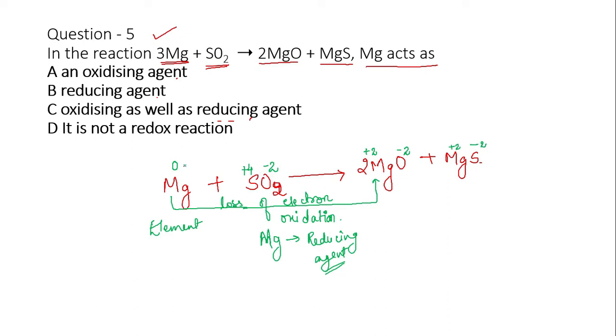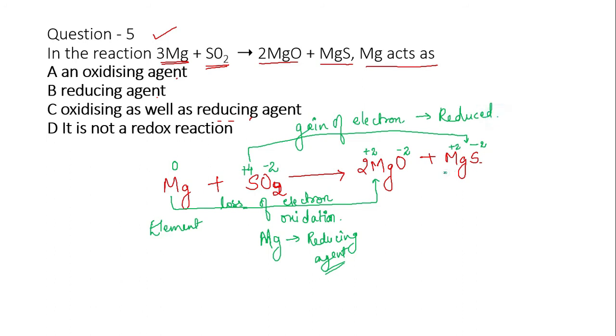Clear? And also here sulfur is getting, since +4 it is getting -2, that means sulfur is gaining electron. So there is a gain of electron, and since there is a gain of electron, sulfur is basically reduced.